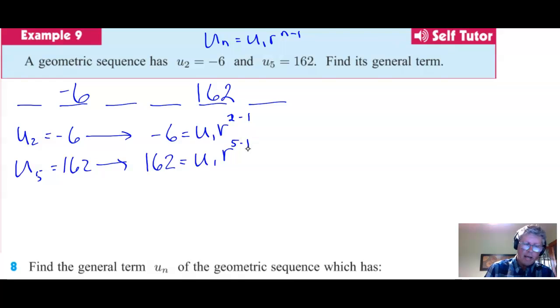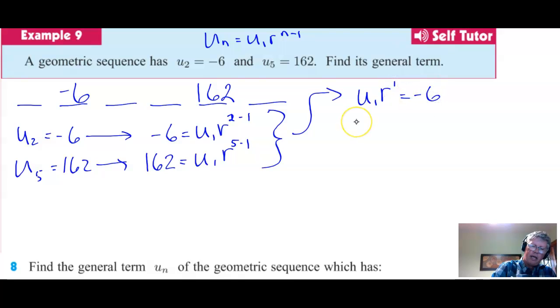All right, a lot of different ways to solve this. I'm going to clean that up a little bit and write it as u sub 1 r to the first equals -6. And I'm going to write u sub 1 r to the fourth equals 162.